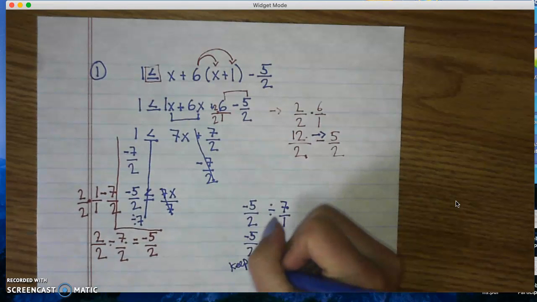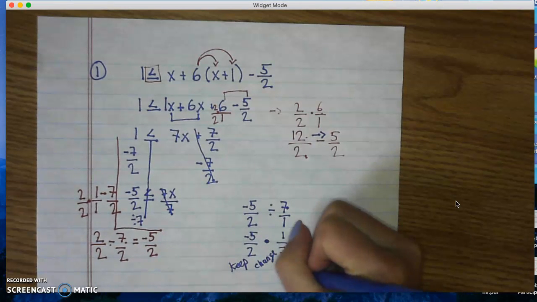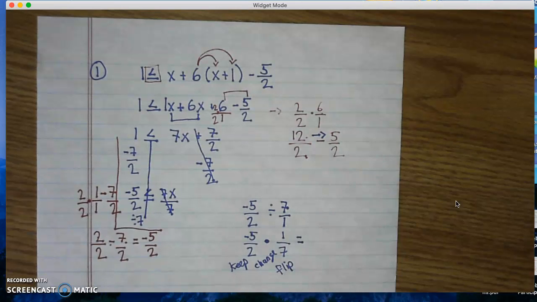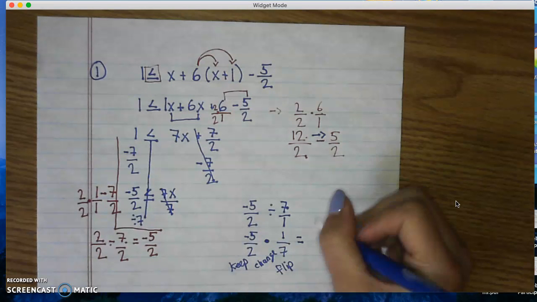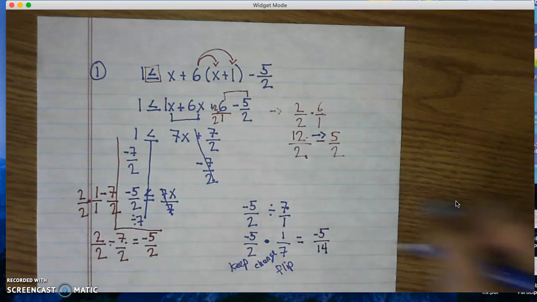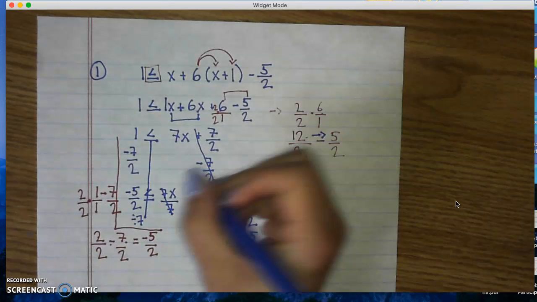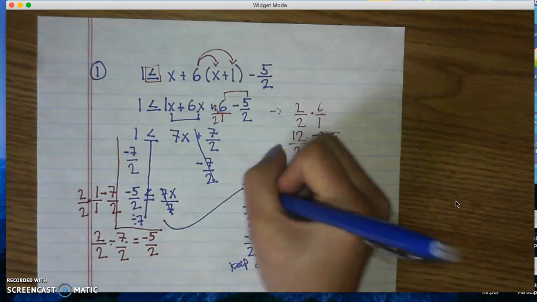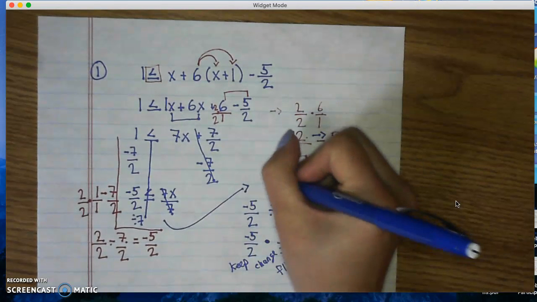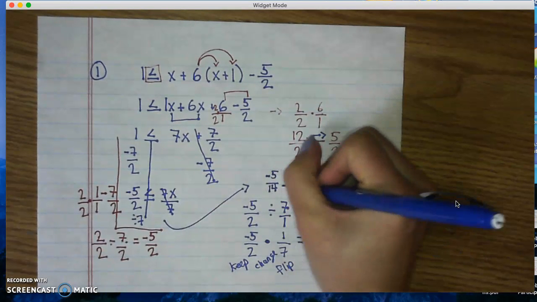Keep, change, flip. And now it's just multiply. Negative 5 times 1 is negative 5. 2 times 7 is 14. So let's write it over here. Negative 5 over 14 is less than or equal to x.